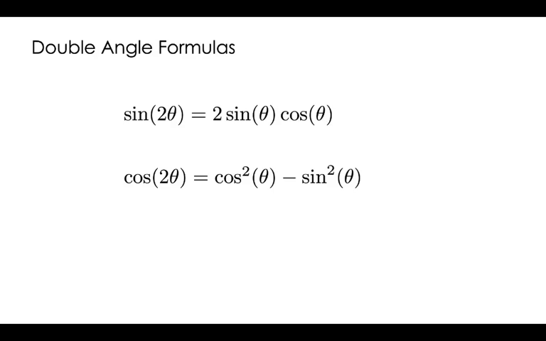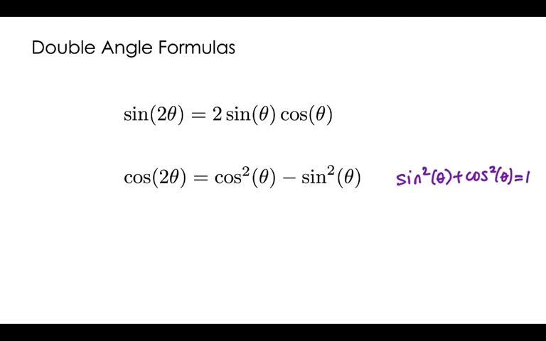Now an interesting thing happens with the cosine 2 theta formula here, because if we look back on your list of identities, we had this identity that sine squared theta plus cosine squared theta equals 1.